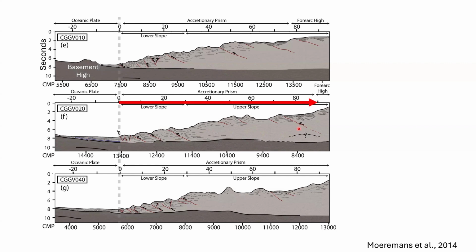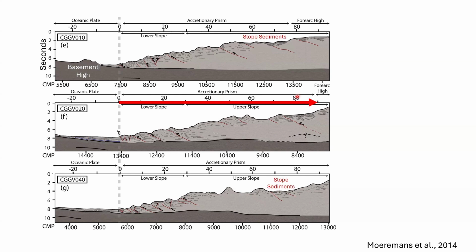So by this time, up to the fore-arc high or outer arc ridge, the width of this accretionary prism is now about 90 kilometers. So we've gone in the south from about 40 kilometers through 60, and now it's getting as much as 90 kilometers wide.